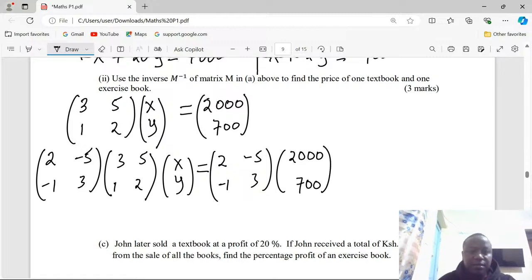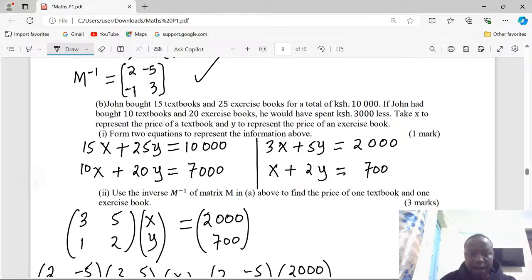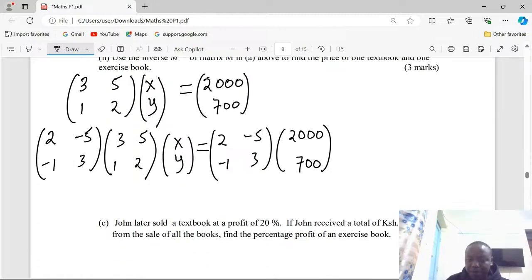That is it. So we can carry out now multiplications.